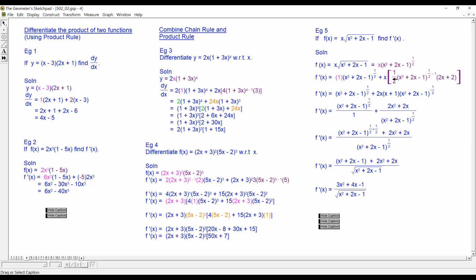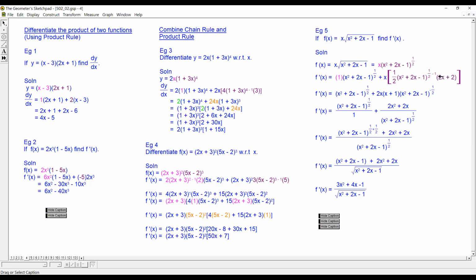Bring down half. Then the power becomes half minus 1. Then you differentiate inside the bracket. Inside the bracket, x squared becomes 2x, 2x becomes 2, negative 1 becomes 0.